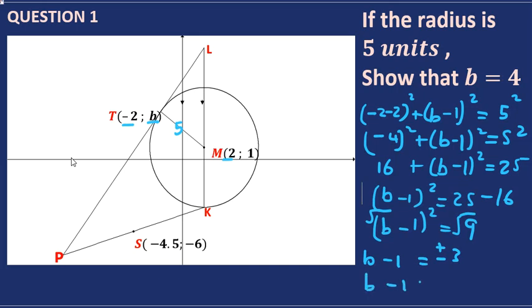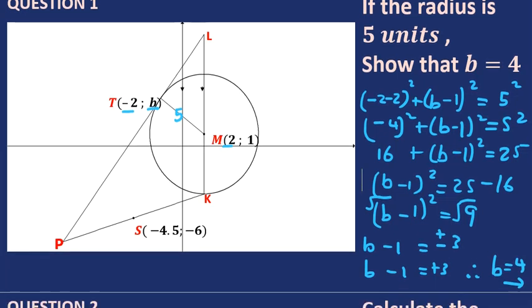So we've got +3, and of course if we simplify, then b will equal 4. So we've proven that b is equal to 4.